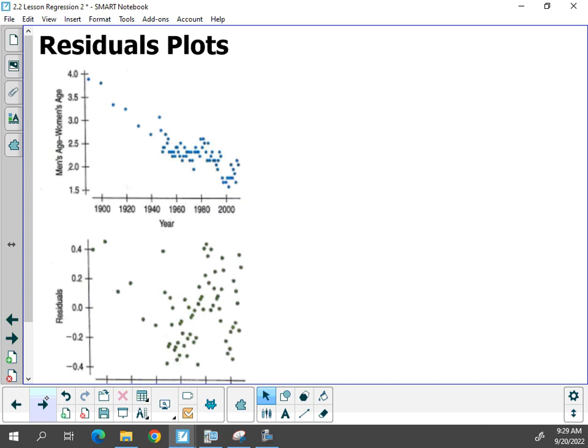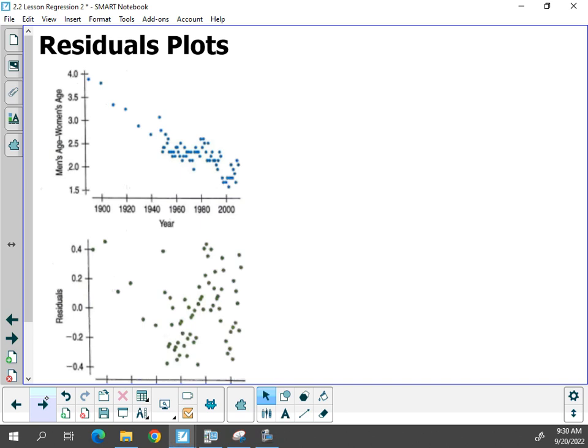Another thing we'll look at to make sure that our linear model is a good model, we always want to check to make sure that it's appropriate for us to have modeled the relationship using a linear model and make predictions. And so we will look for outliers. We want to look at the shape and make sure it's linear, but sometimes there's things we don't see. And so we could look at a plot of the residuals. So we calculate residuals by subtracting what we observed minus what we would have predicted for the explanatory variable.